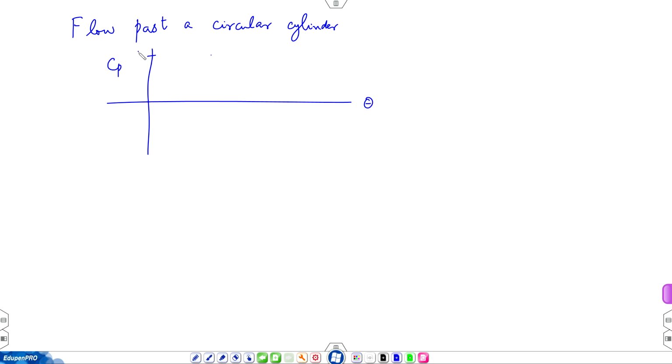At theta equal to 0, it is 1, and at theta equal to pi, again it is 1, and at theta equal to pi over 2, it is minus 3. So, this variation is a sine square theta variation. I think I have drawn it, it is not very accurate, but this is the kind of variation.